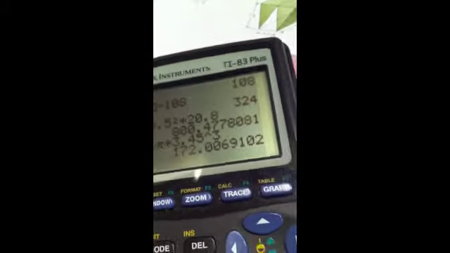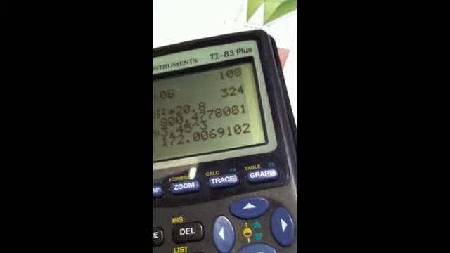So we have 4/3 pi, and it looks like their diameter is 6.9, so the radius is half of that, 3.45. So 3.45 cubed. I'll punch that in, 4/3 times pi times 3.45 cubed is giving us 172.0069.